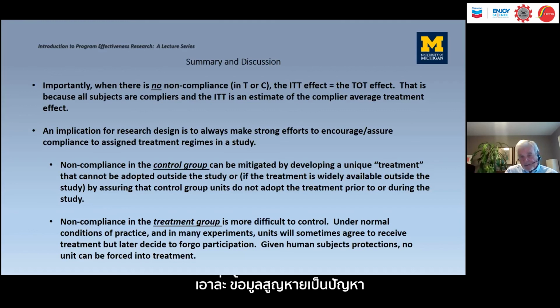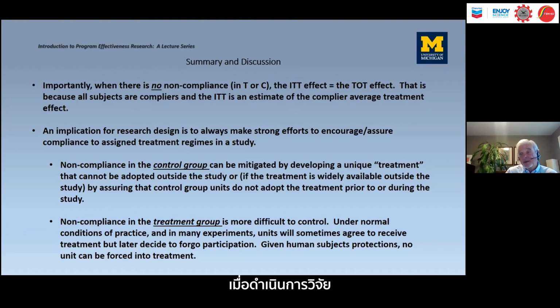Right, so missing data is a problem. Let me just say the following about missing data, okay?